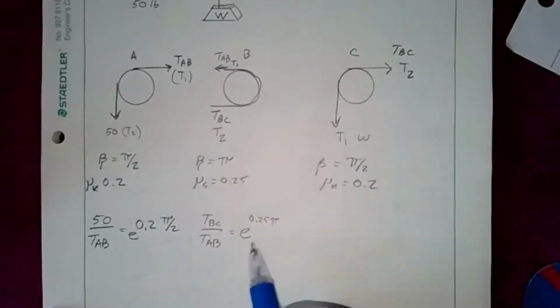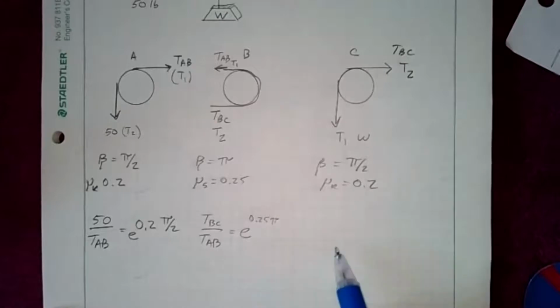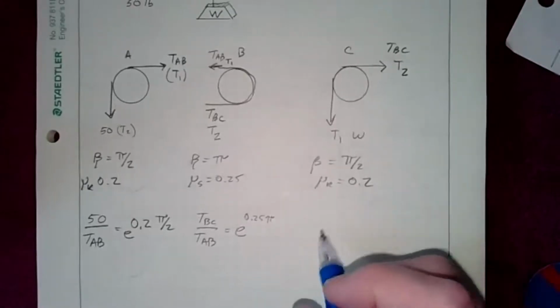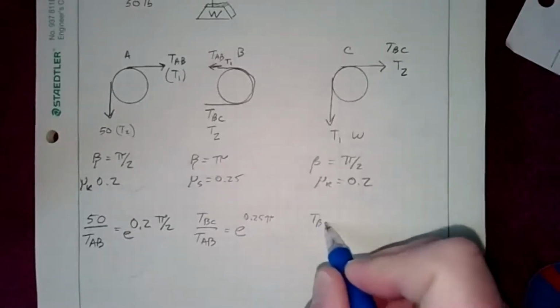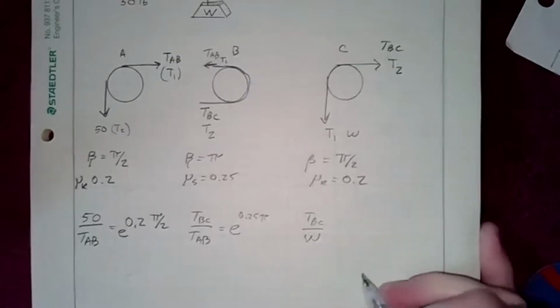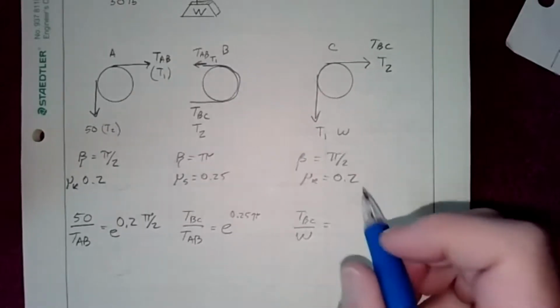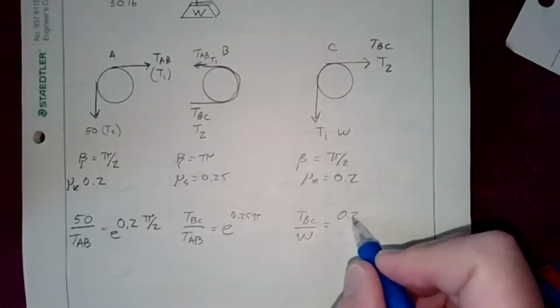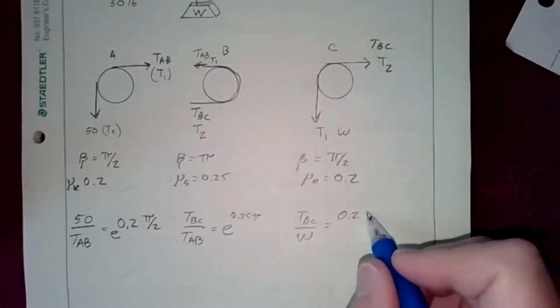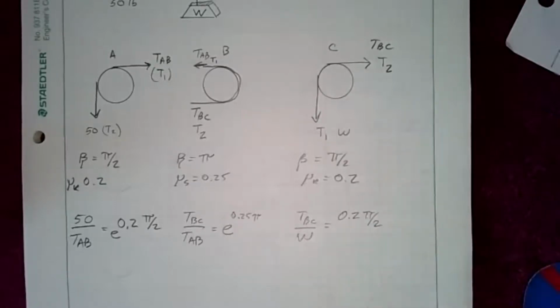Sorry, it's kind of small. So we have 0.25 and pi. And then lastly, we have TBC over W, and that's going to equal e to the 0.2 times pi over 2. All right.